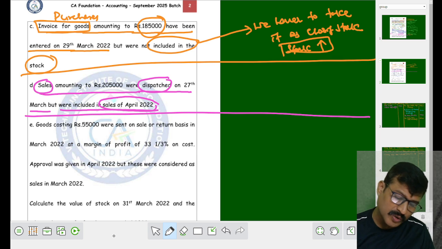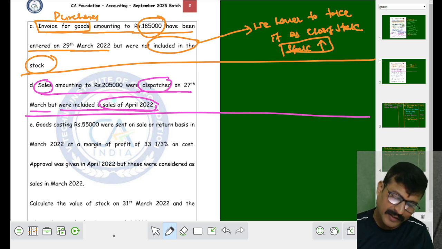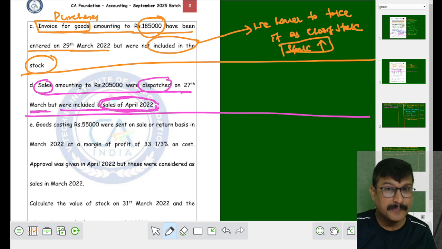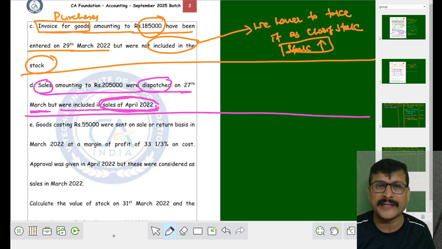Now you sold the goods, dispatched the goods. On when? On 27th March itself. But recorded as a sales. When you have recorded it as a sales? Recorded in April 2022.